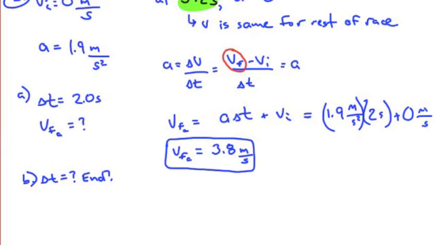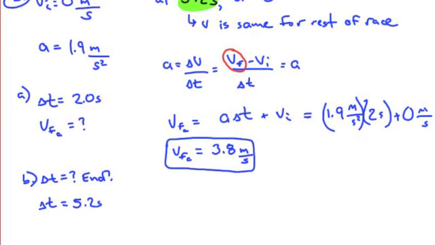Velocity is the same for the end of the race. So at the end of the race, the velocity is the same as it would be at 5.2 seconds. So we can say that our delta t is now 5.2 seconds.